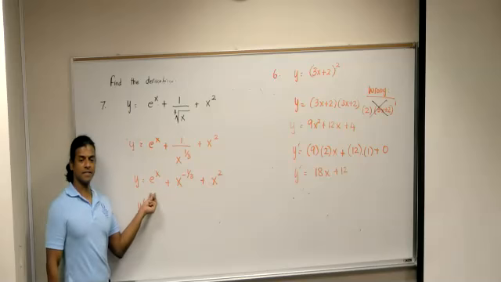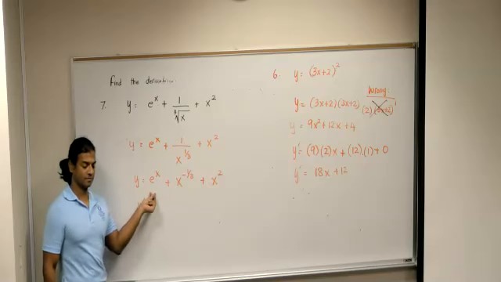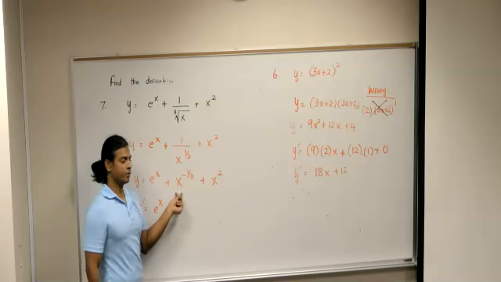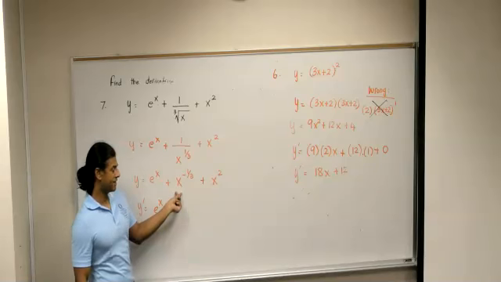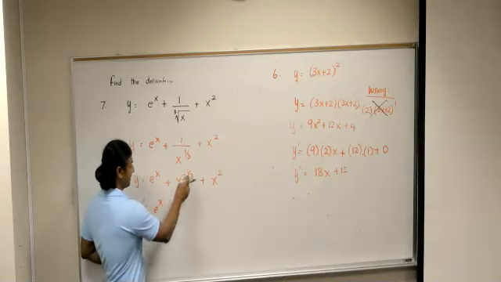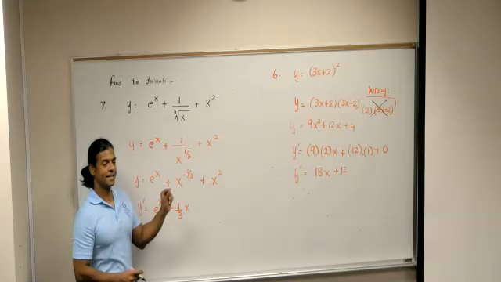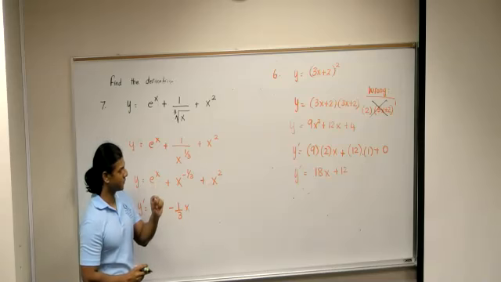What is the derivative of e raised to x? e raised to x. x raised to negative 1/3: if you take the derivative, negative 1/3 moves to the front, x raised to negative 1/3 minus 1.